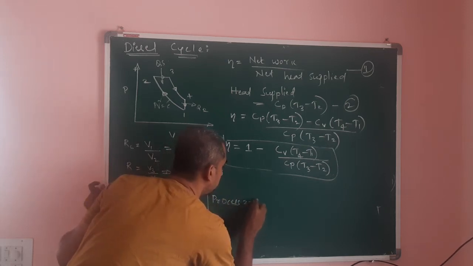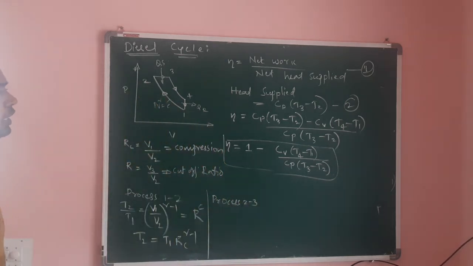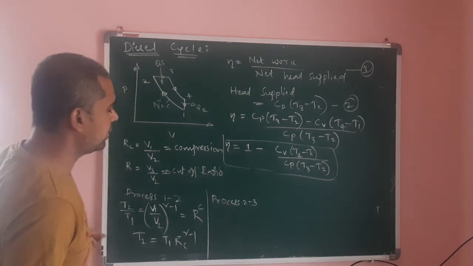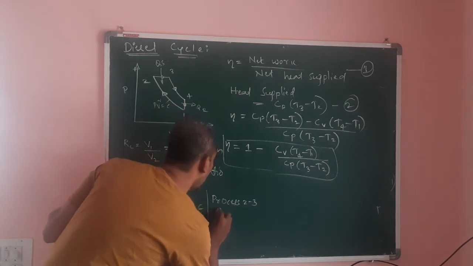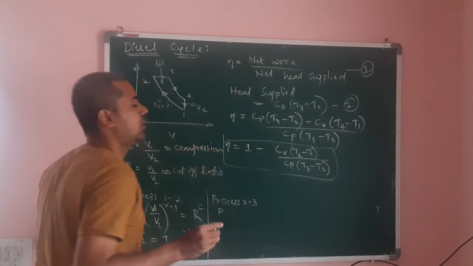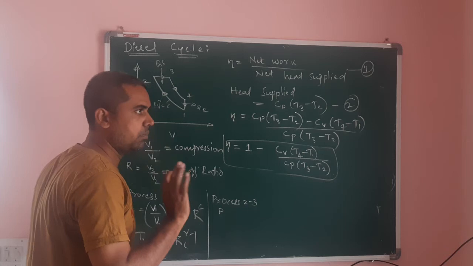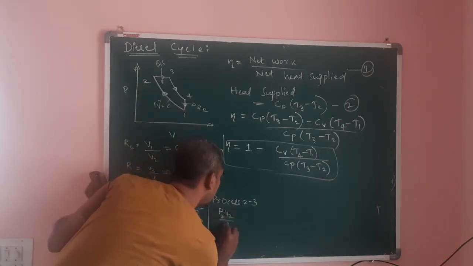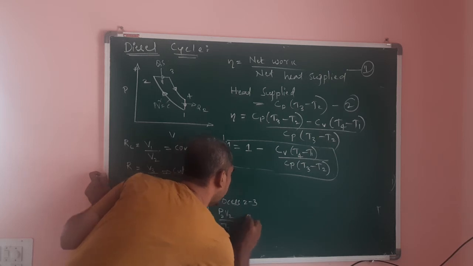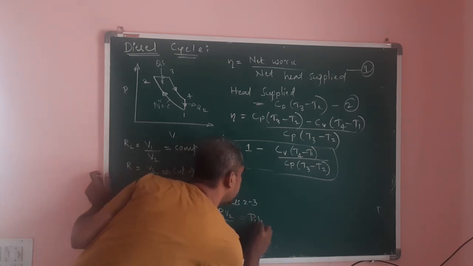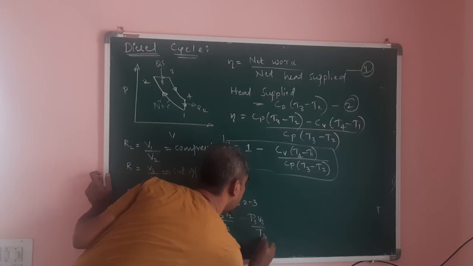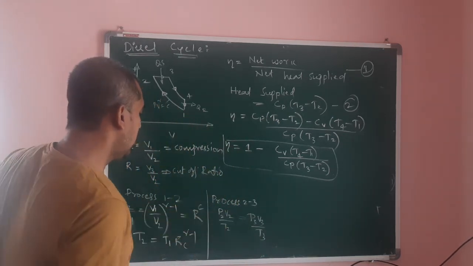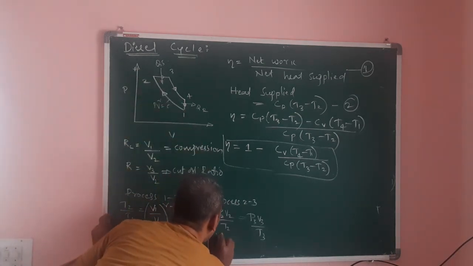Similarly, for the process 2 to 3. 2 to 3 is a constant pressure process. Therefore, according to the PVT relation, we know this from the ideal gas equation: P2 by T2 is equal to P3 by T3. Here P2 will be equal to P3.